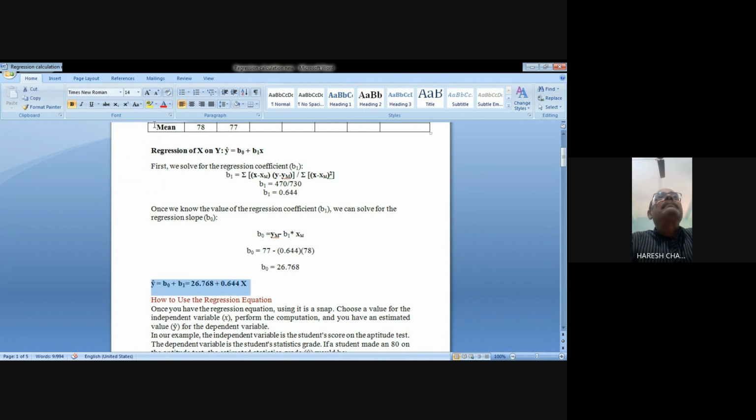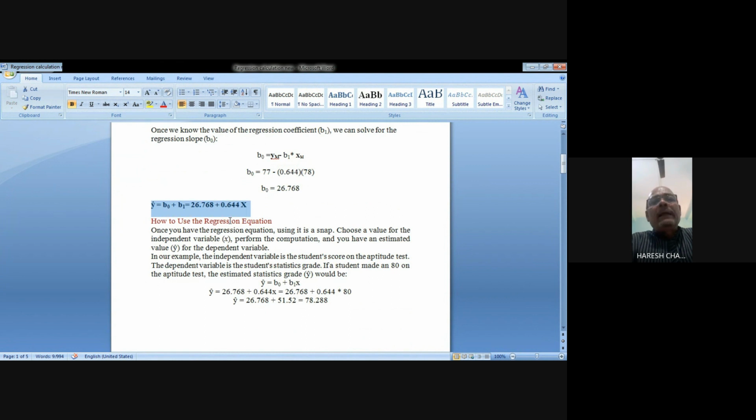26.768. Now write the regression equation: y hat is equal to B0 plus B1 x. I have written the regression equation. y hat is equal to B0 plus B1 x.